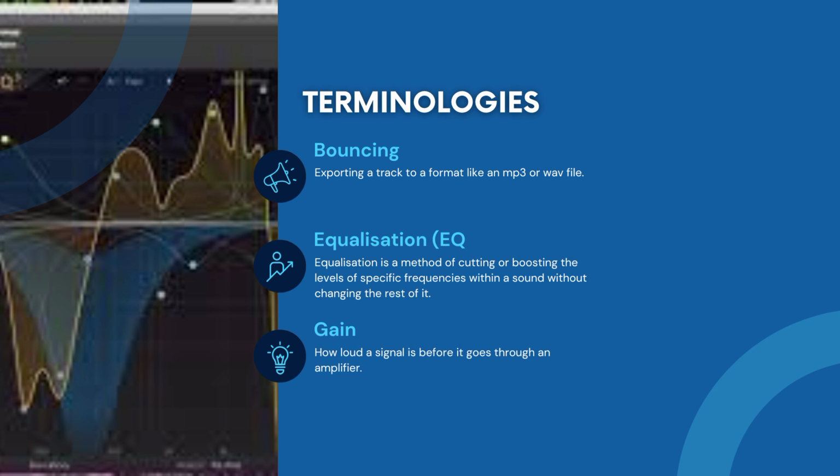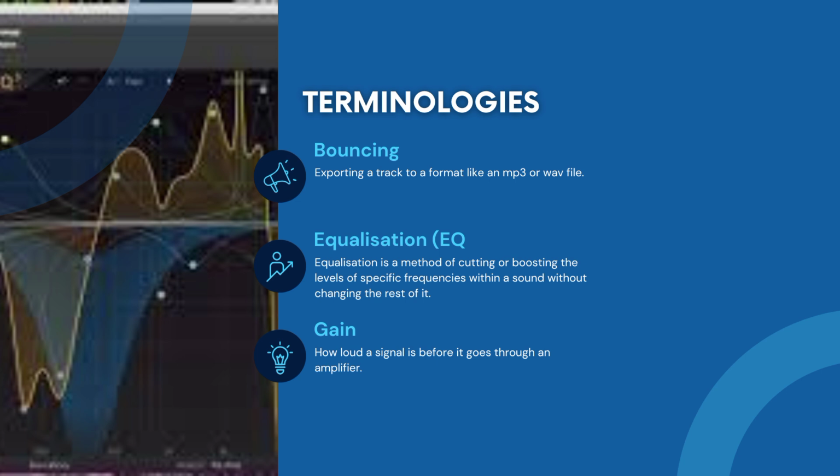So equalization is more or less reducing or boosting the volume of an instrument or audio at specific frequencies instead of affecting the entire waveform. We just increase or reduce the volume at particular frequency points. As we go on in the classes, we will get to know more about that.